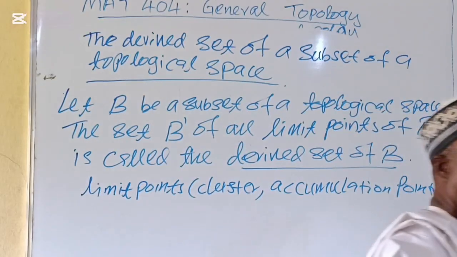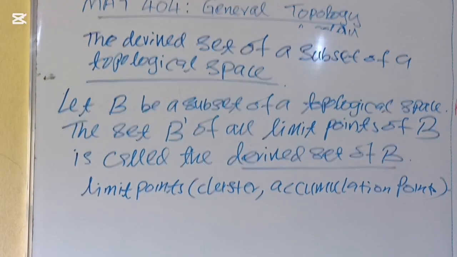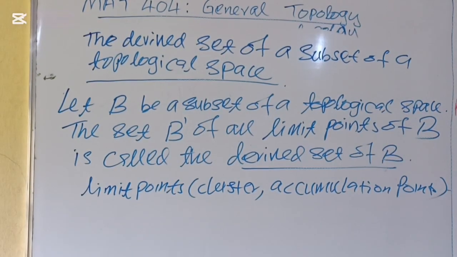Whichever you call them, it's all the same. Now if you collect all of them, you form a set, and that set is called the derived set of B.